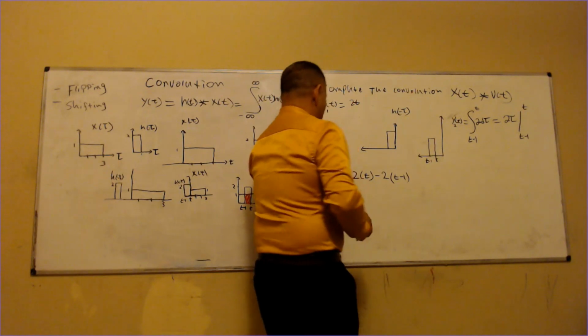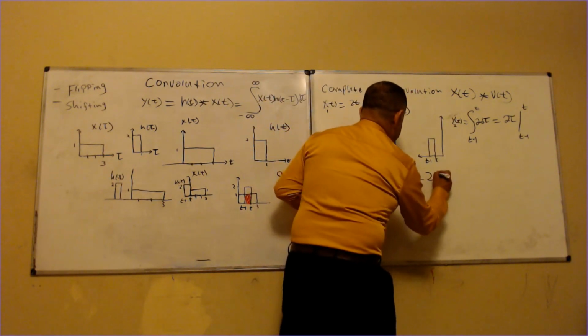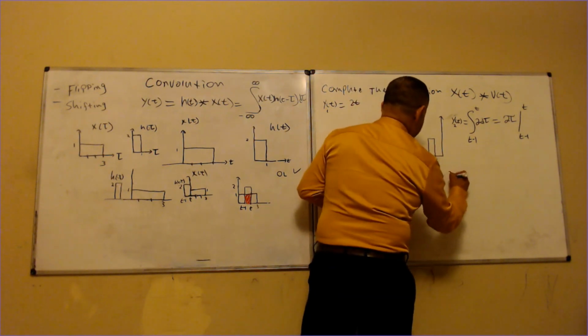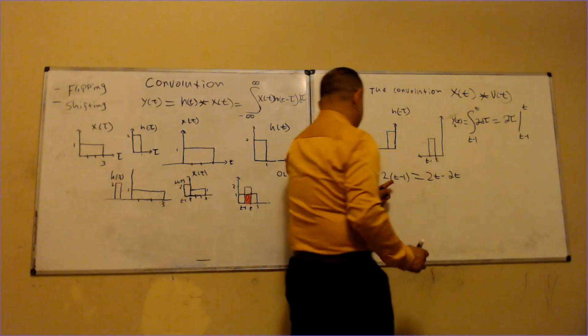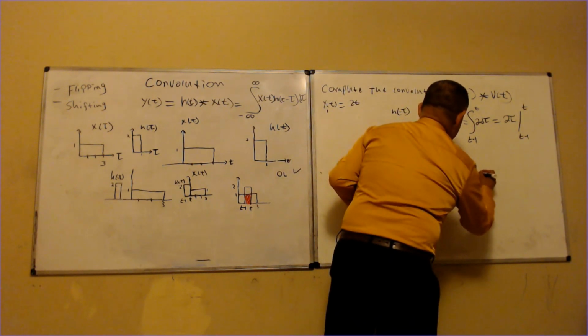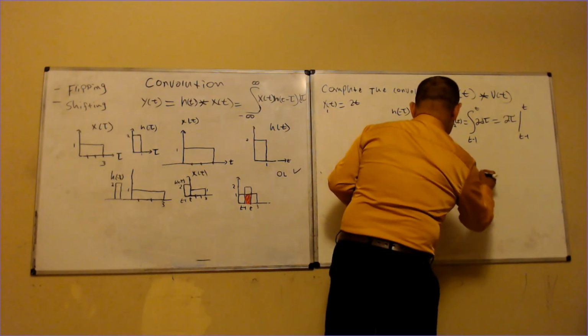When I do that, that is going to be 2t minus 2t, and then plus 2.